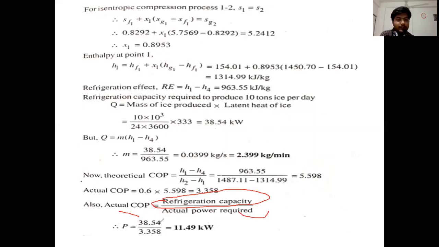So 38.54, that is the actual refrigeration capacity, and actual COP is 3.59. So power is 11.49 kilowatt. And this is the first numerical.